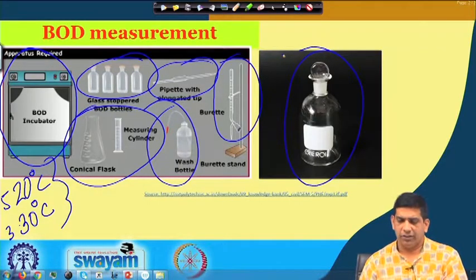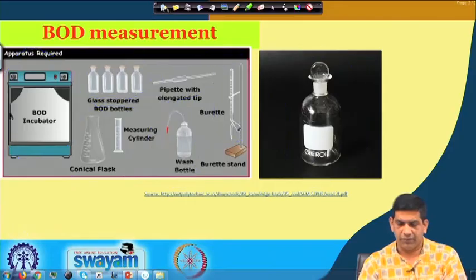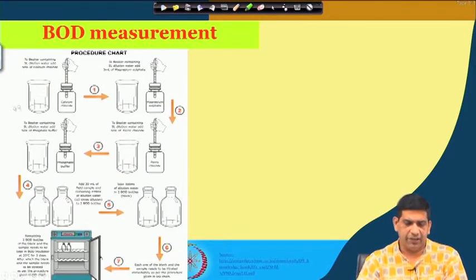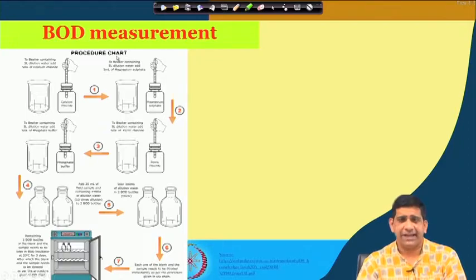The steps are in the next slide. We prepare the beaker containing dilution water, with 5 ml of calcium chloride. So we produce some dilution water with calcium chloride and magnesium sulfate. This calcium and magnesium make it moderately hard water, which is good for the microorganisms.